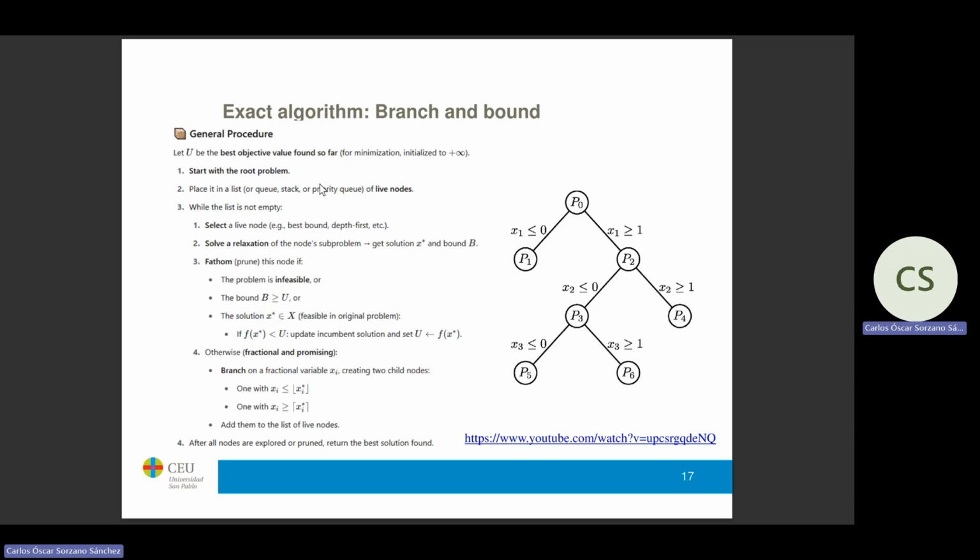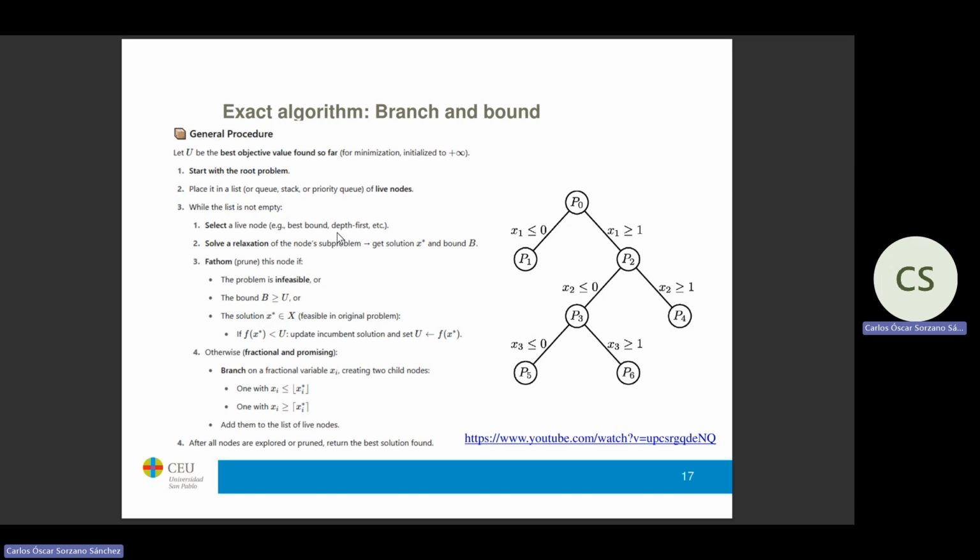Okay, so let's follow this. So you start with the root problem, and you place it in a list of live nodes, so problems to solve. And while that list is not empty, you choose one problem from the list, and here there are multiple choices.